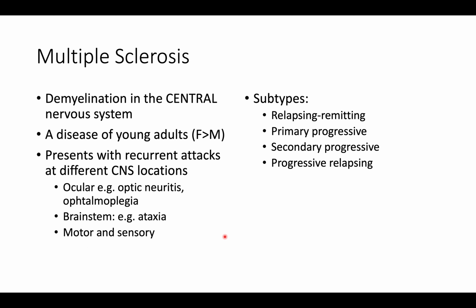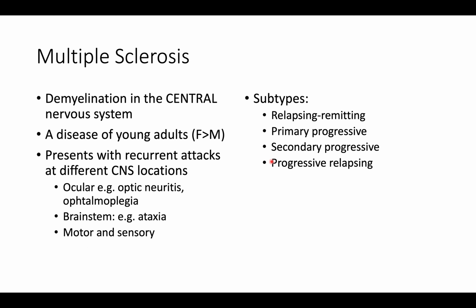For example, if the patient presents with visual loss, it takes time, then the vision becomes normal, and then after some time it relapses again, and then it remits, it's resolved, and then it relapses again, and it remits. So the visual loss is there, and then it improves, and then it comes back, and then it resolves again.